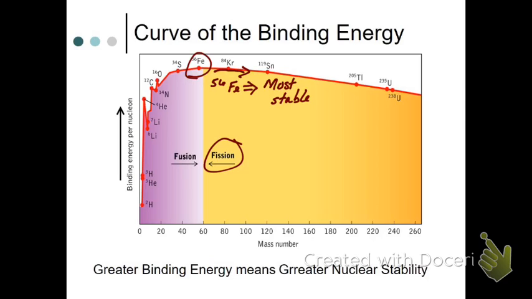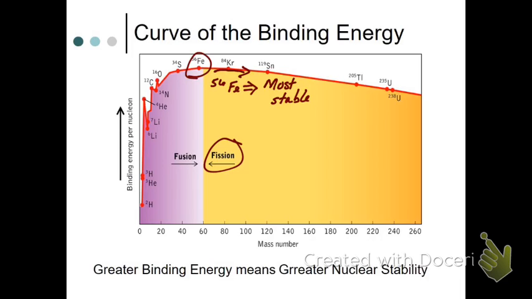So on the yellow side of the curve, we see a decrease in the binding energy as the mass increases. And on this side of the curve, this is where these elements are going to be such that nuclear fission would actually increase stability and release energy.